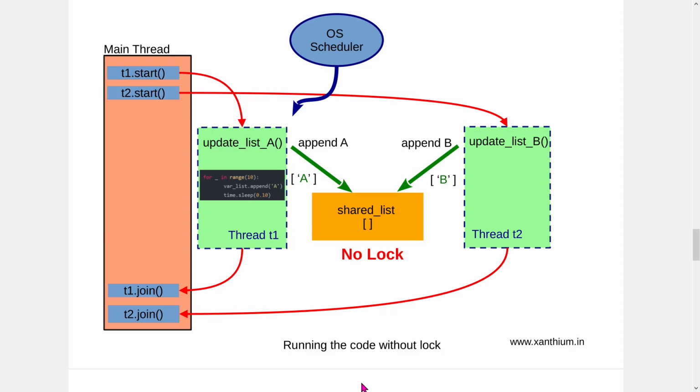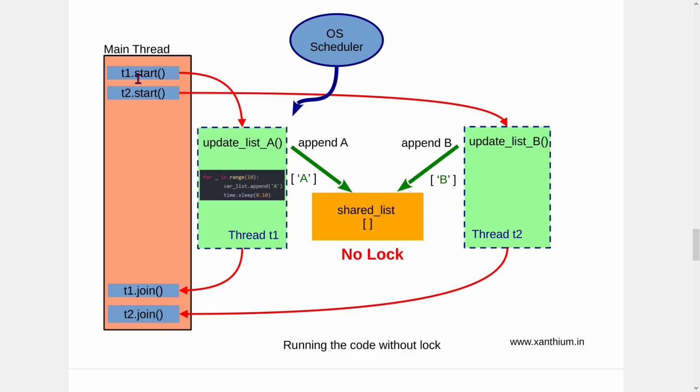This is the graphical representation of the program. This is the main Python thread. These are the threads T1 and T2 that are started by the main thread. Here we have the shared list variable. It is the global variable that both T1 and T2 have access to. Now we also have an operating system scheduler, which will decide which thread to run.